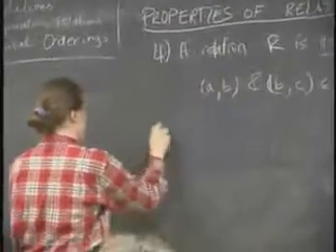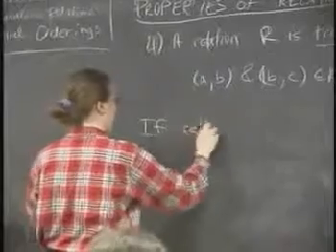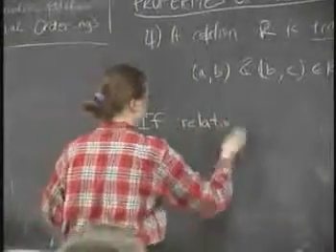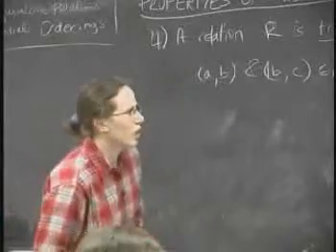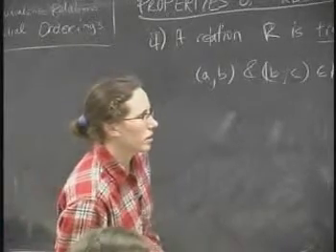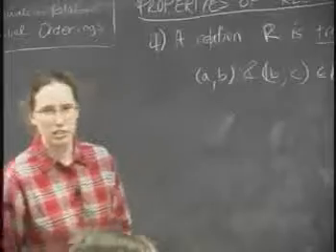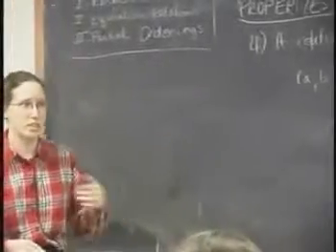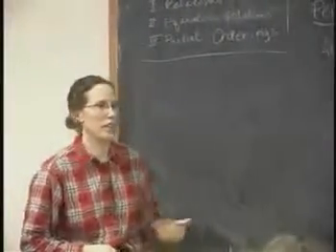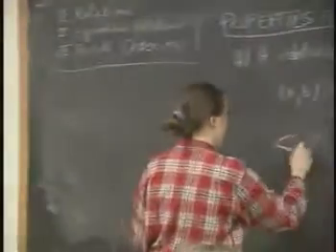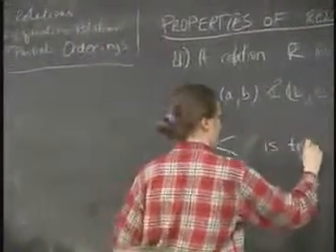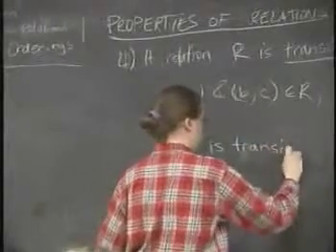But before we do this, let's think about some other things. So let's see, less than is certainly transitive, because if A is less than B and B is less than C, then A is less than C. That's sort of how we define less than or equal to.